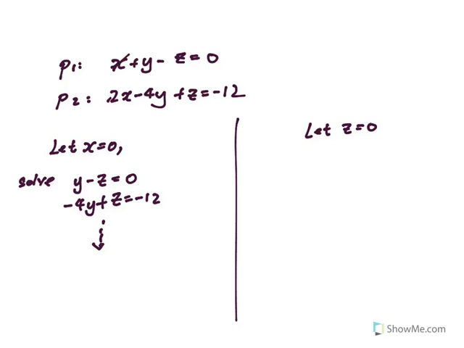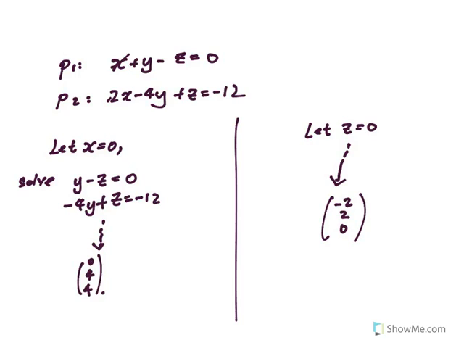Anyone got an answer for this? What's the answer? (0, 4, 4) or (0, -4, -4). What about if I let z equals 0? If I let z equals 0, this is what I got: (-2, 2, 0).